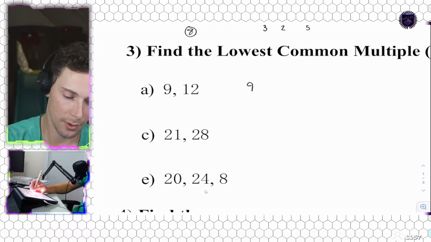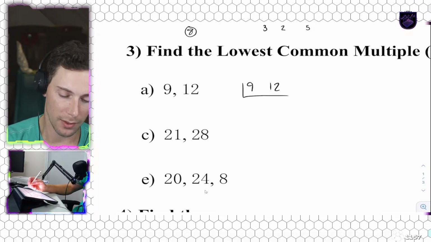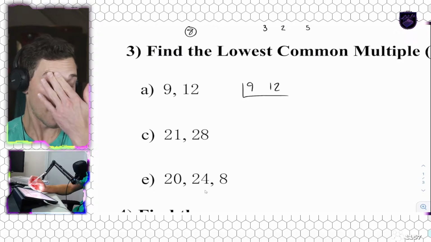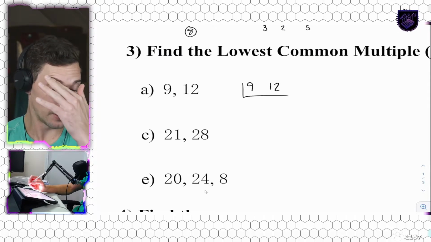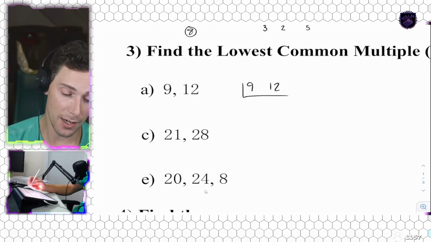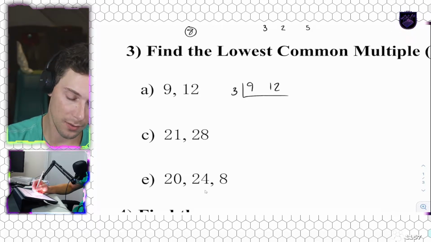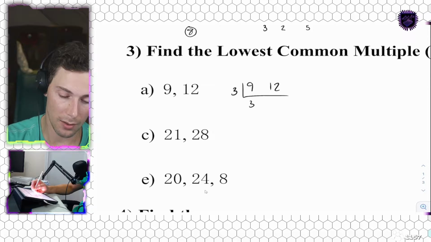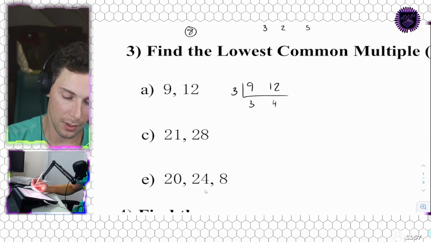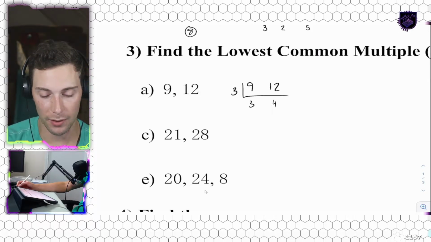So let's go and line these up, and let's go through the ladder method. So I know that they have a common factor of 3, and that's going to be 3 and 4. And do they have a common factor?